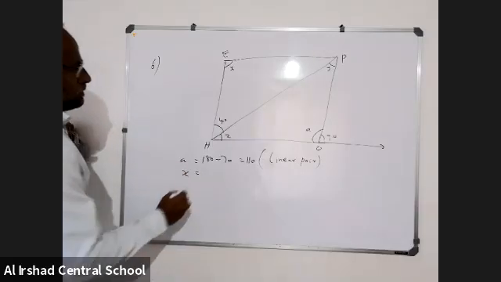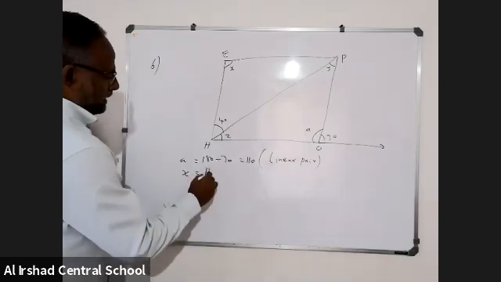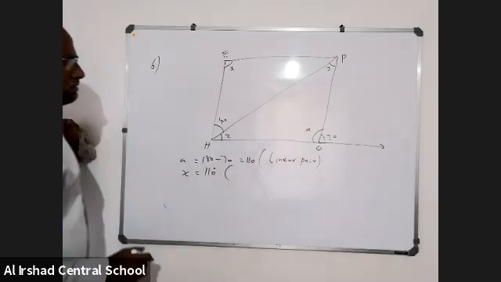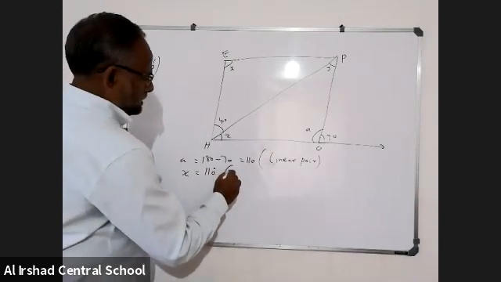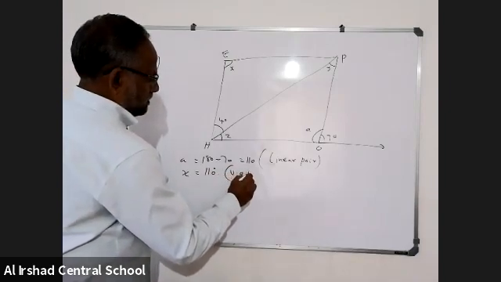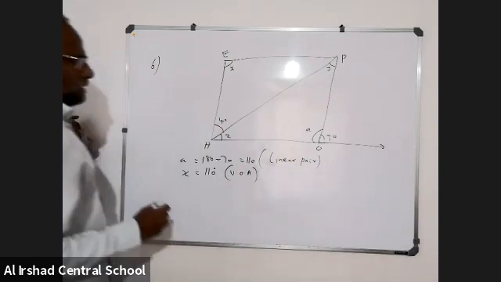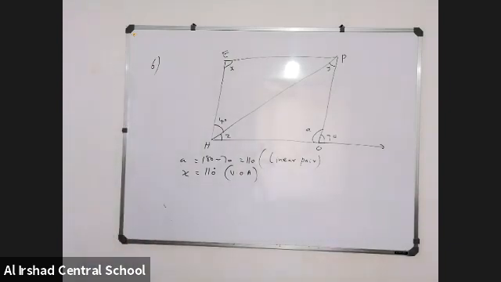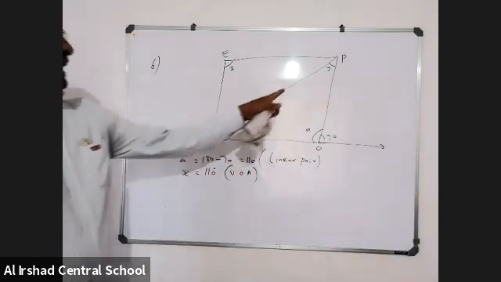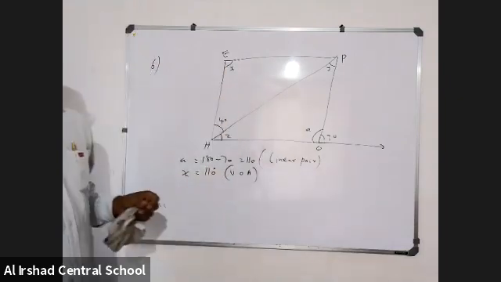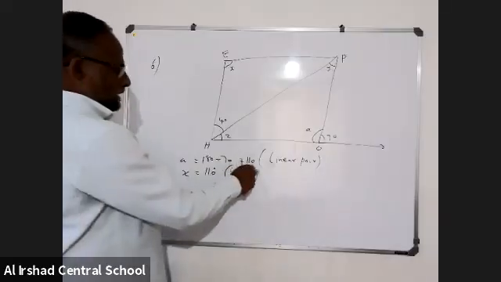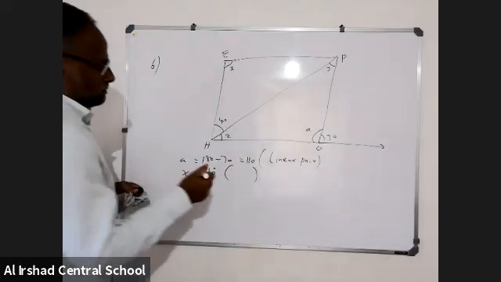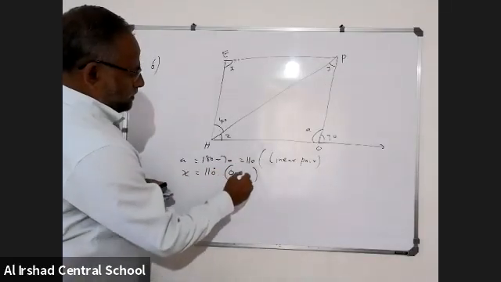X is equal to 110. The reason you have to write: opposite angles of a parallelogram are equal.